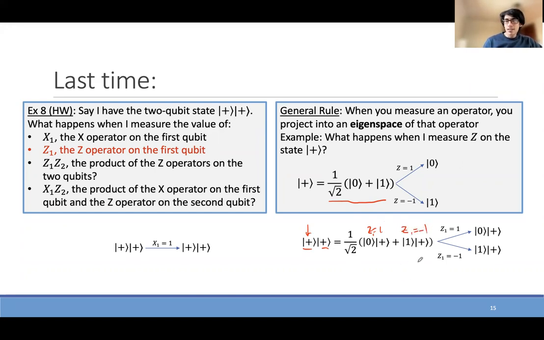So there are two possible outcomes. This one has Z1 equals 1 because the first qubit is in a state with Z1 equals 1. And this one has Z1 equals -1 because the first qubit is in a state that Z1 acts as -1 on. So if I measure Z1, I either randomly get the first outcome, Z1 equals 1, in which case my state after is the state with Z1 equals 1, or I randomly get the second outcome, which is right here.